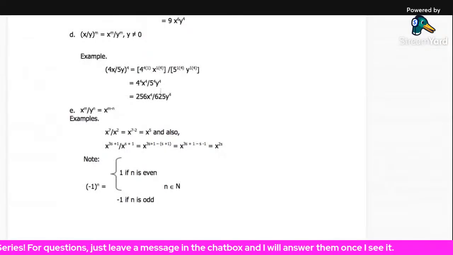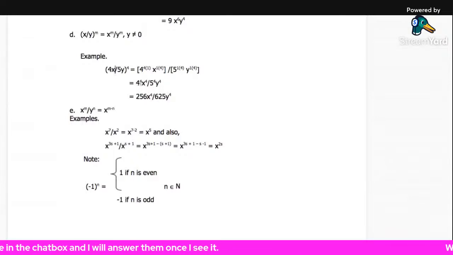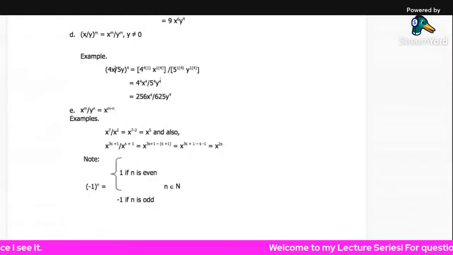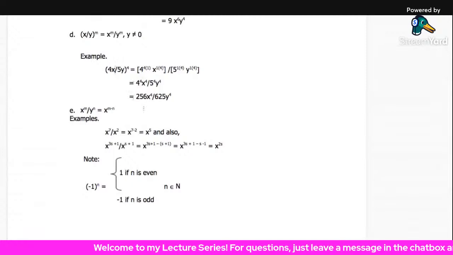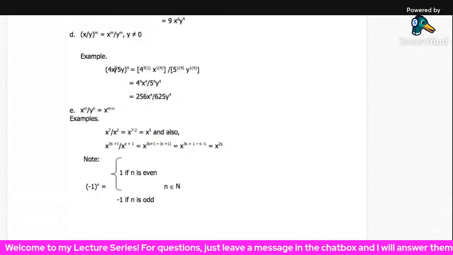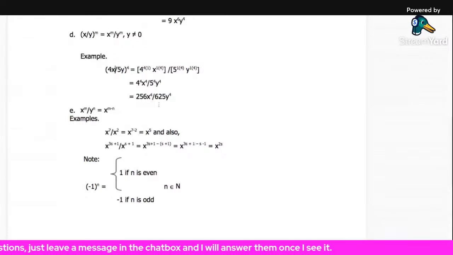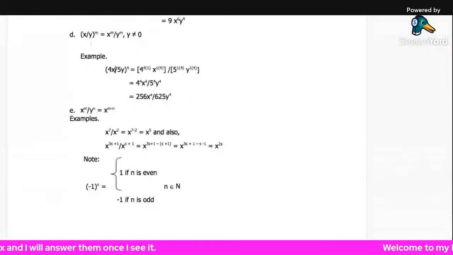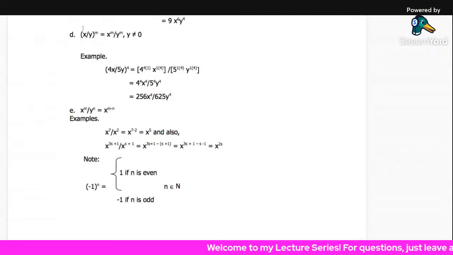Okay, so simplifying, we have 4 to the 4th times x to the 4th over 5 to the fourth and y to the fourth. So 4 to the fourth is 256 x to the fourth over 5 to the fourth is 625 y to the fourth. Okay, this law involves the division operation.